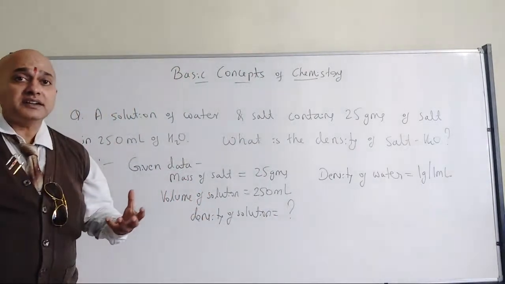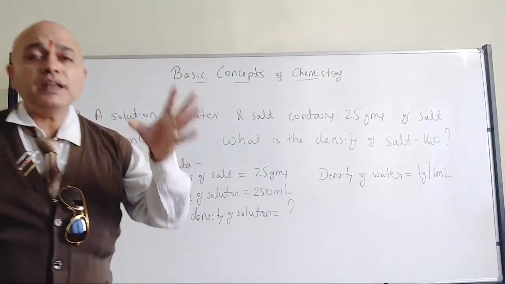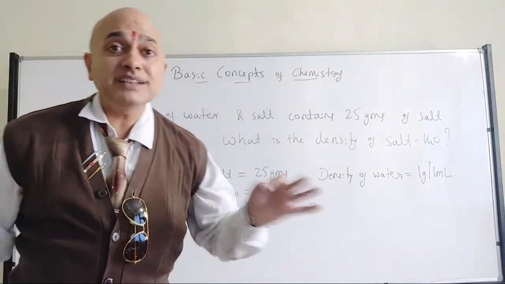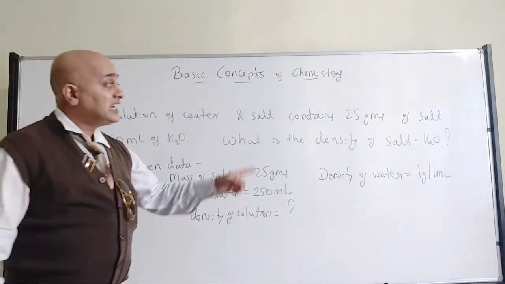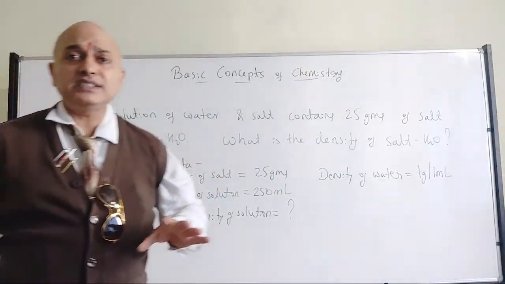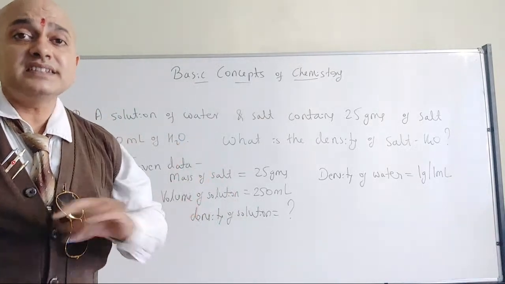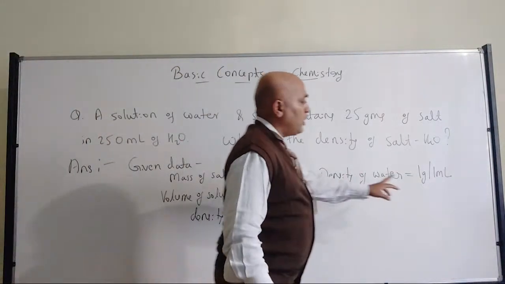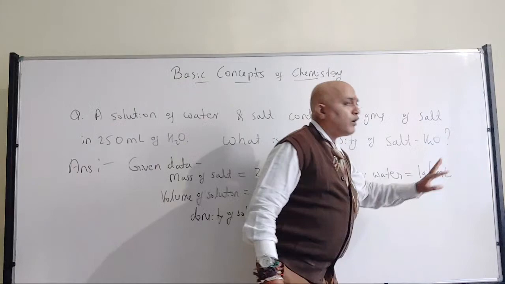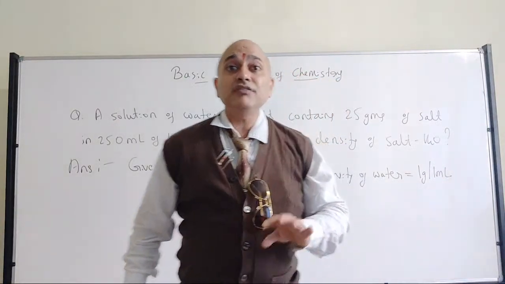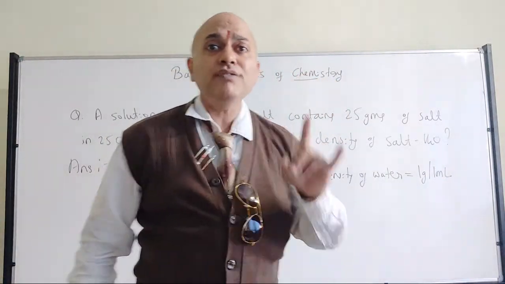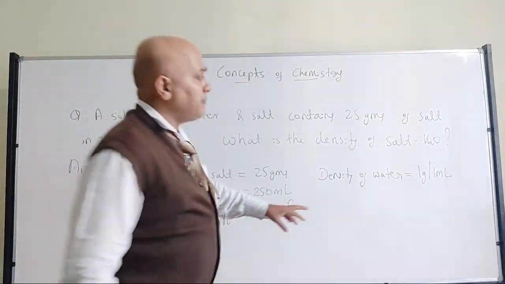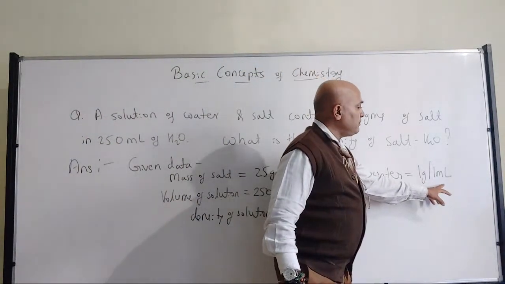So density of water is 1 gram per 1 ml. What do you mean by that? That means if I take 1 ml of water, I will measure 1 ml of water, it will weigh exactly 1 gram. That's where we have the density: mass by volume. Since it is a liquid, they have mentioned it in terms of ml, or we can mention it as 1 centimeter cube.